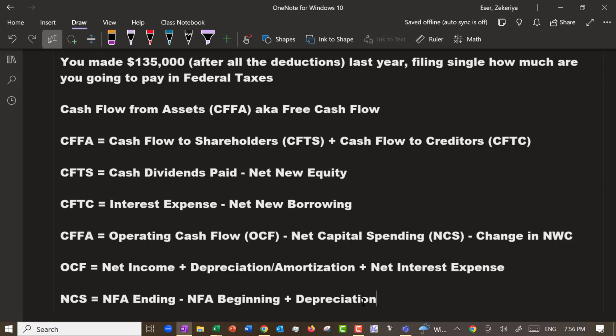Does that mean you bought $20 million worth of stuff? Not necessarily. Because net fixed assets ending, if you don't buy anything new, you have to deduct depreciation, right? To get the net fixed assets ending. So you need to add back the depreciation. So that 20 million also includes depreciation.